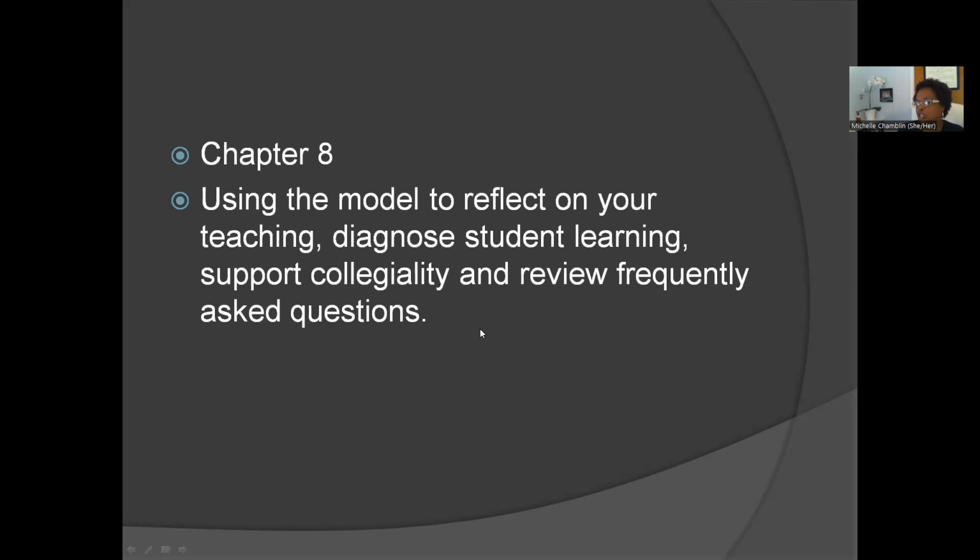Not I'm telling you that you need to have this part in your lesson because I think it's great, but because of the way students learn, because of this model, these are the pieces that we need to have in our lesson, or these are the strategies that we need to learn, and these are strategies we need to employ in lessons so that students can have the outcome of getting that information to stick, right? There's also a review of frequently asked questions at the end that you can kind of look through.